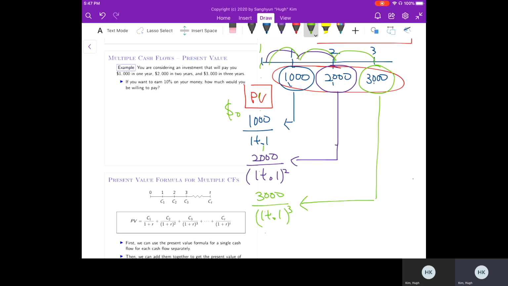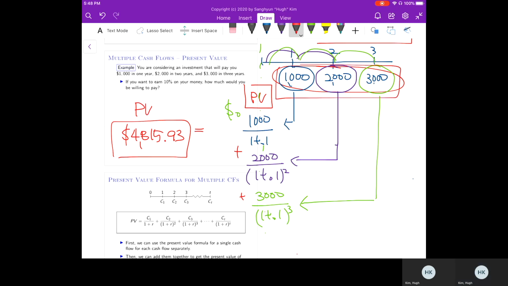So we can add them together to find the present value of these 3 cash flows. If we add them together, we have $4,815.93. So that is the present value of these cash flows.